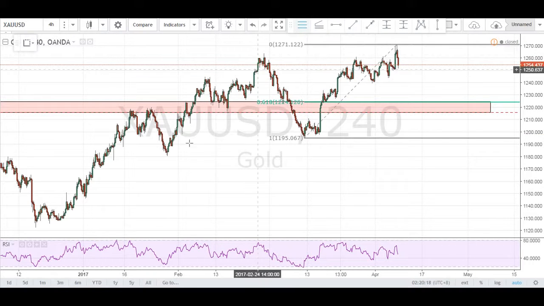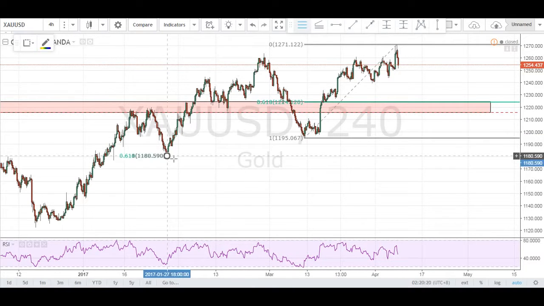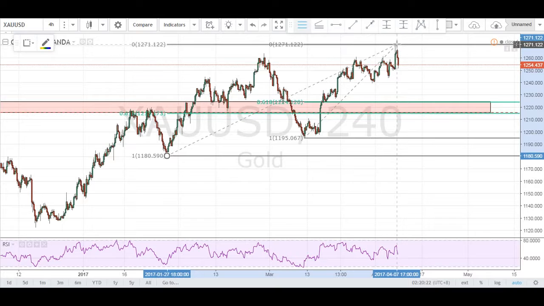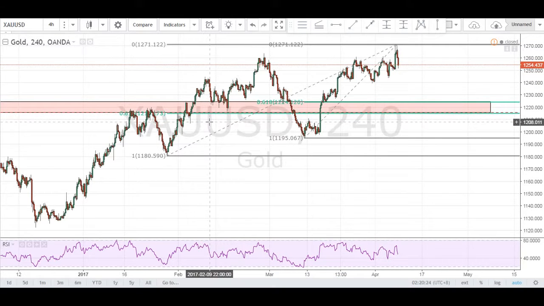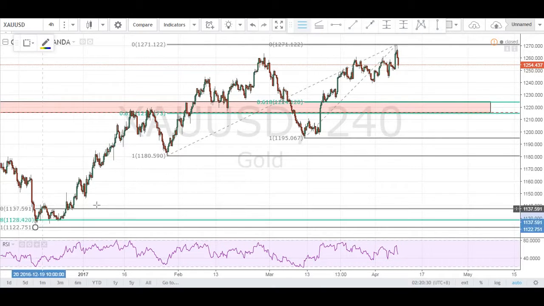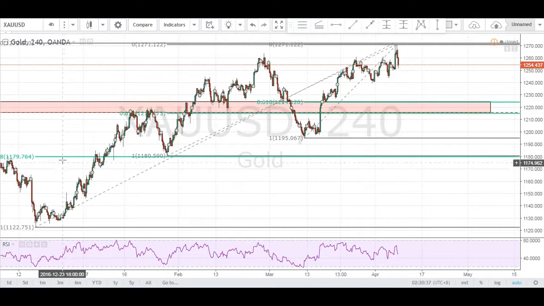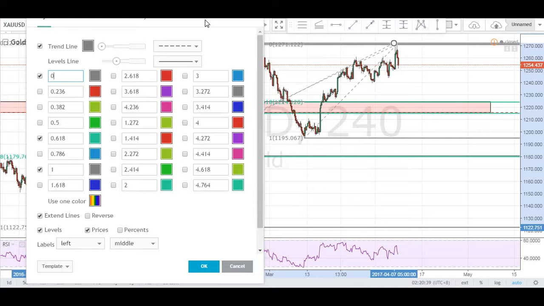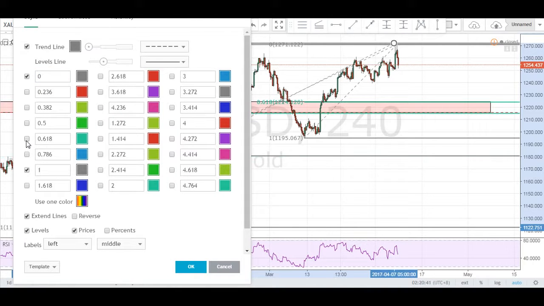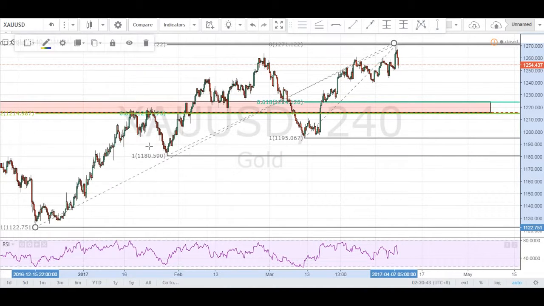If we look at the previous swing right here, swing low to swing high, we have a 618 coming right below that potential decision zone. Now if we use the longest swing in this analysis, we have our swing low to swing high, and we potentially have a 382 retracement coming right in that zone. 382 lines up right on top of our previous 618 retracement.